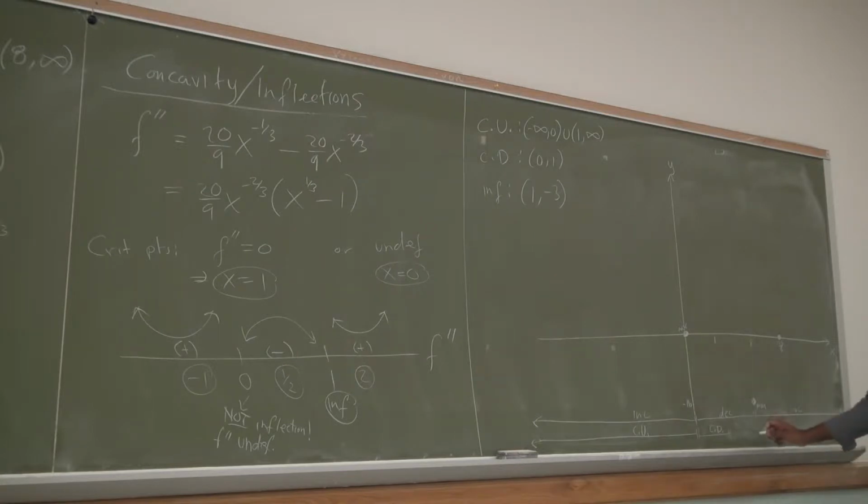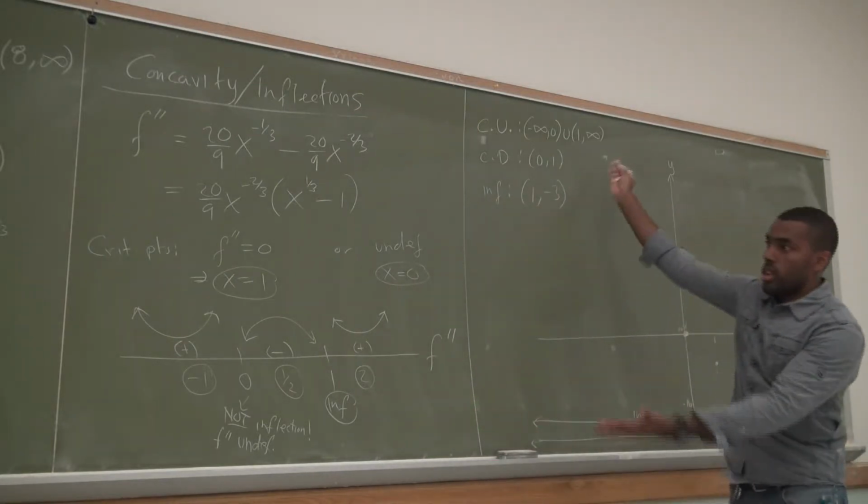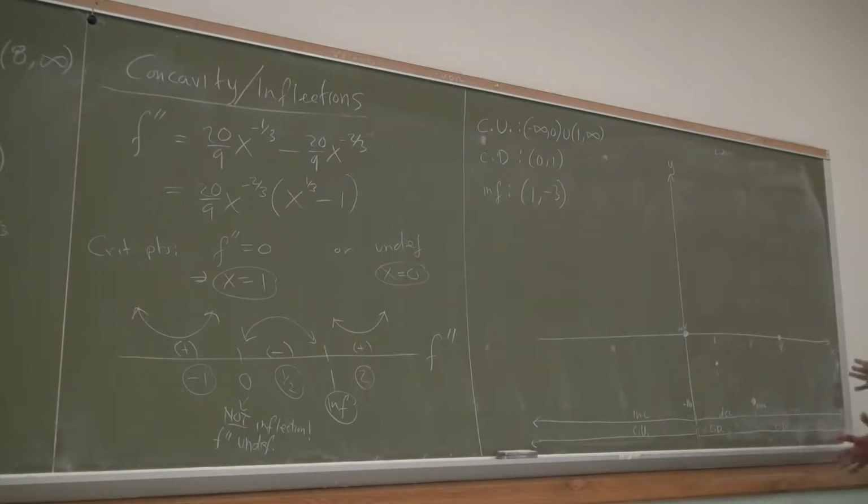And from 1 to infinity, we are again concave up. We have an inflection that occurs somewhere here. All right, so that's all our information, right? So everything we've done before is now on this graph. How do we put it together?